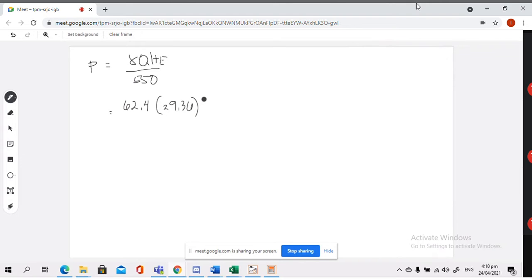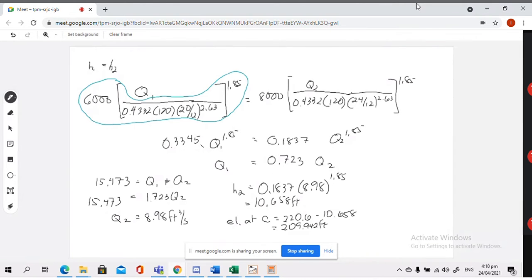HE is 99.688 over 550. So 62.4 times 29.36 times 99.688 over 550. So that will become 332 horsepower. That is your power extracted.